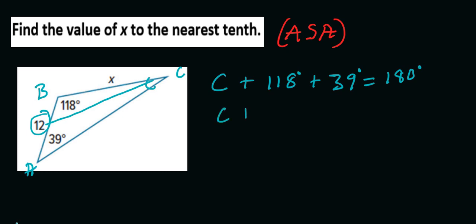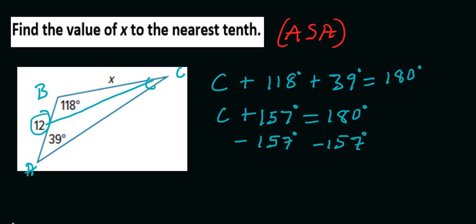So C plus 8 plus 9 is 17. Write down 7, carry 1, 4, 5, and 157 degrees equals 180 degrees. Now let's subtract 157 degrees from both sides.